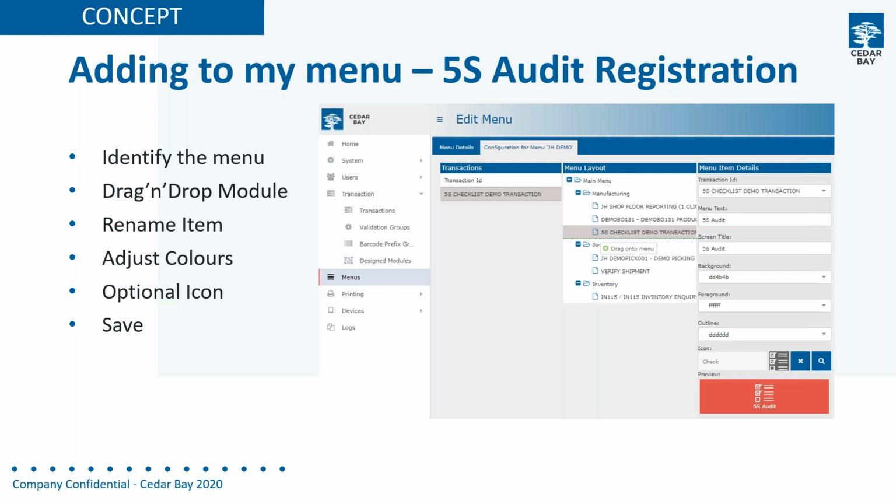In the manufacturing subfolder, I have my 5S checklist demo transaction. We're going to go on to how the operator sees this on the next screen. But within this environment, I can allocate an icon, a color to the button, and some text. I can control what the operator sees. They do not need to be aware that this is something custom. It's just another transaction they perform, part of their daily duties.